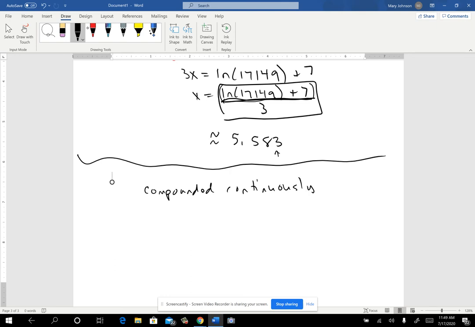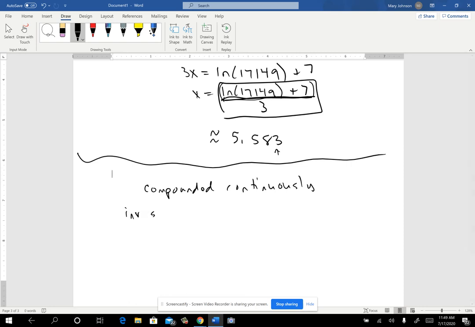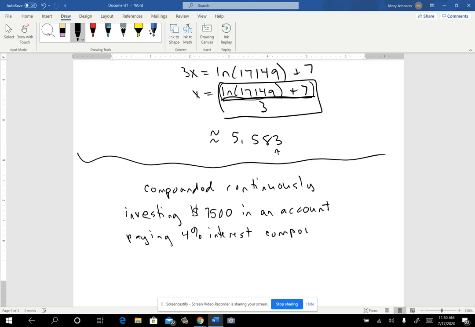So what if you were investing $7,500 in an account paying 4% interest, compounded continuously.